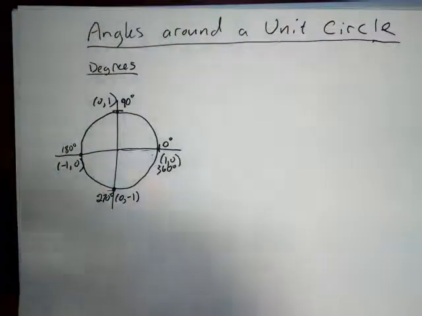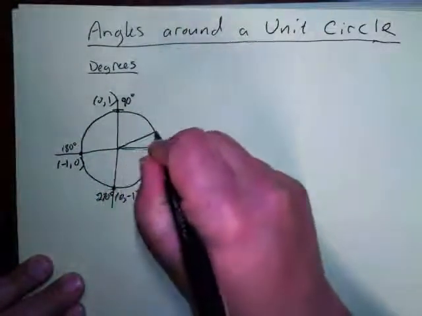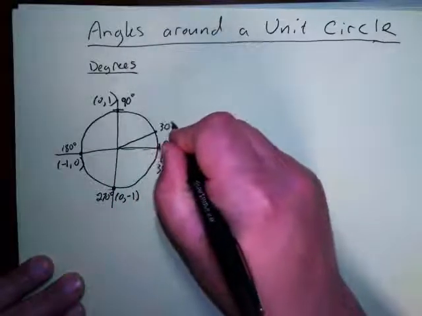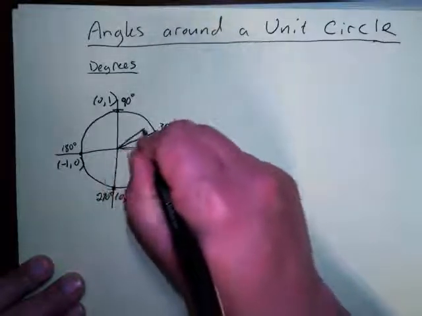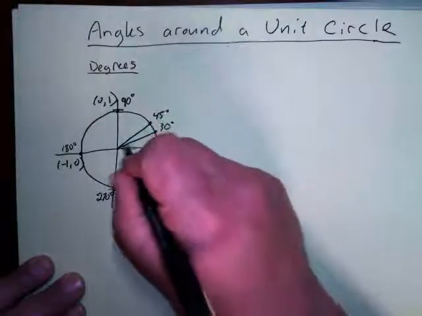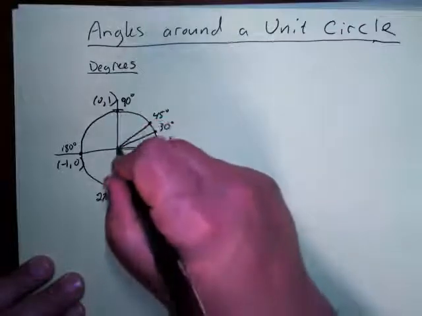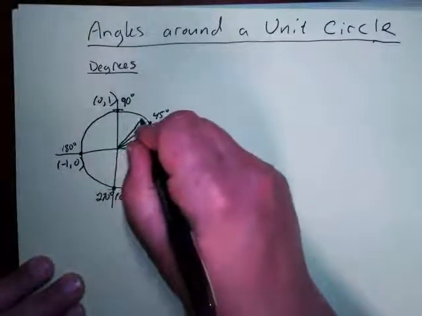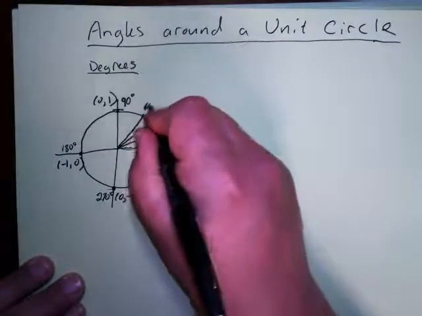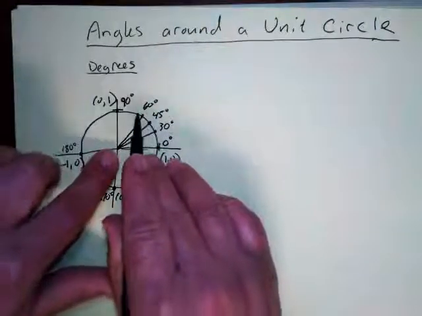Okay, and so you could also add some other angles. There's like 30 degrees, right? There's 45 degrees, and that splits this quadrant in half. And then there's up here 60 degrees. And these are very common. So a 30 degree, 45, 60.